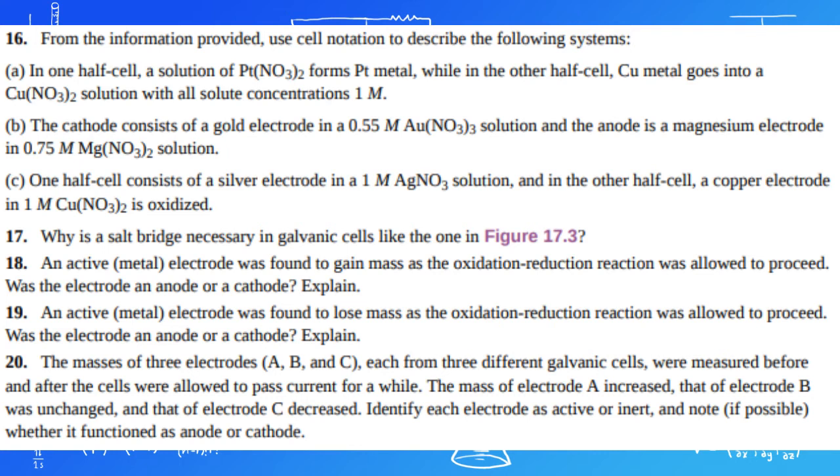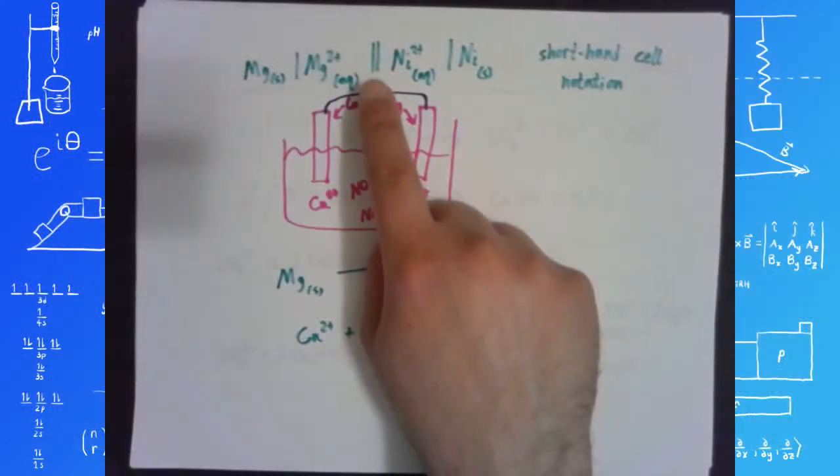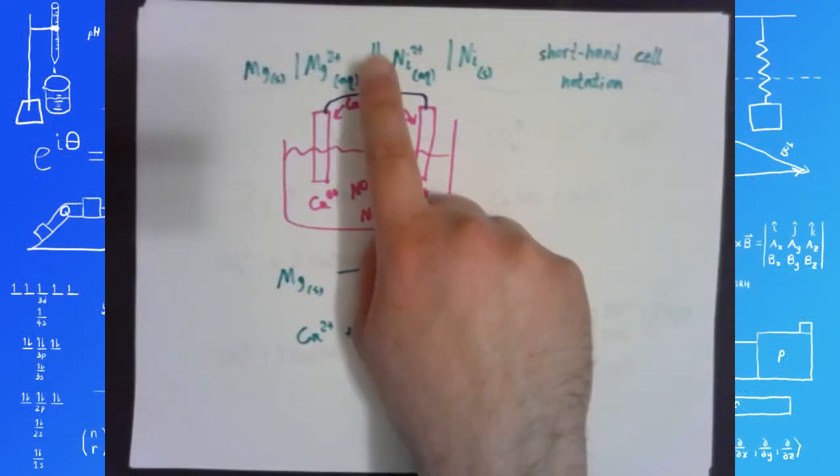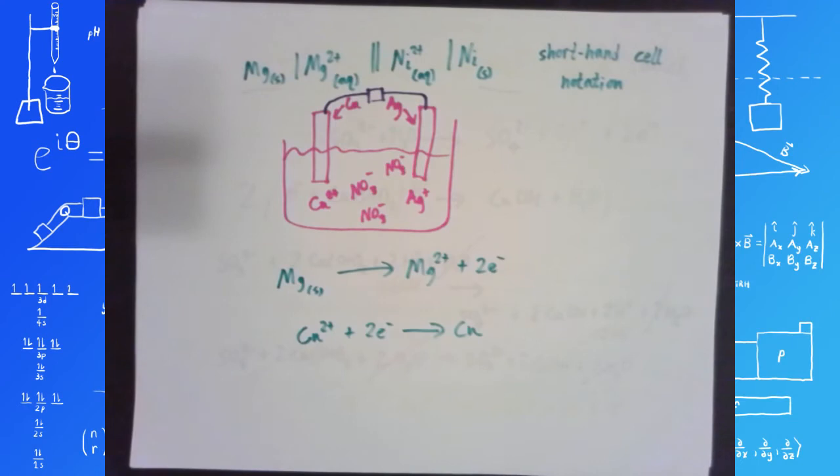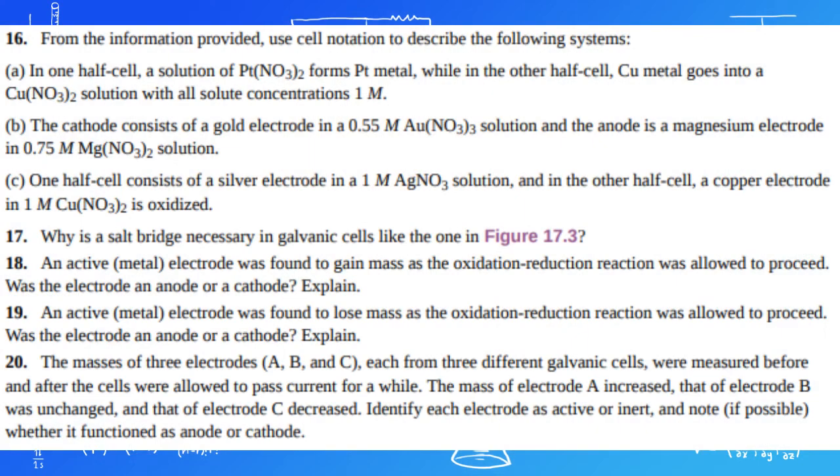So whether you call it a cell schematic or cell notation, you're basically just writing one of these. That's what they're asking for. Okay. What else do they have?